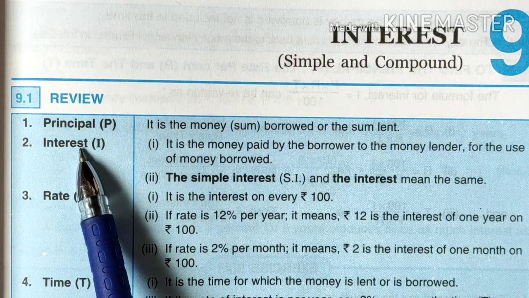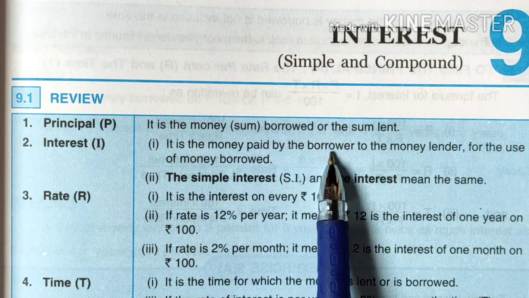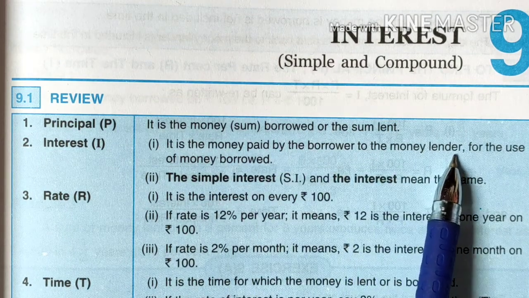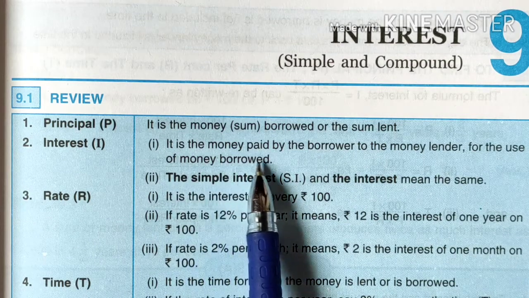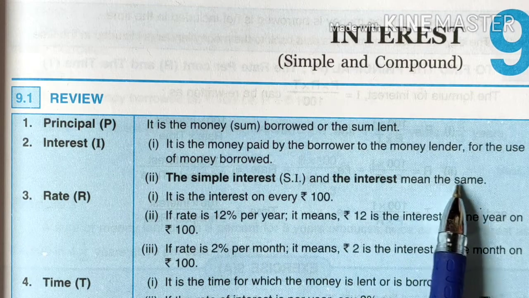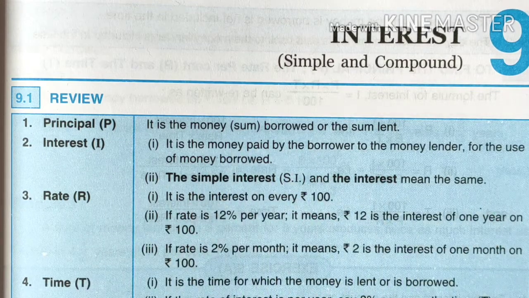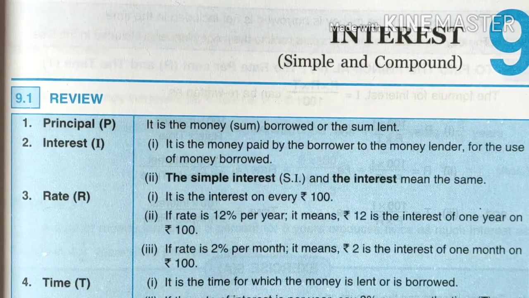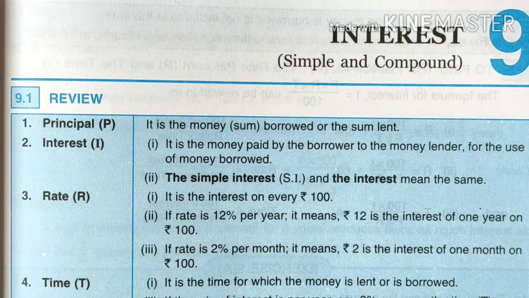Okay, then interest. It is the money paid by the borrower to the money lender for the use of the money borrowed. So basically simple interest and interest mean the same. When we are borrowing money from the bank, the bank charges interest on it, or we can say some extra amount we have to pay to the bank.